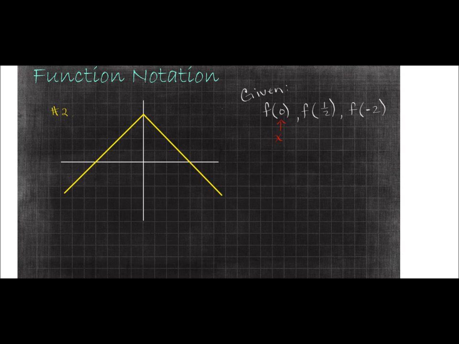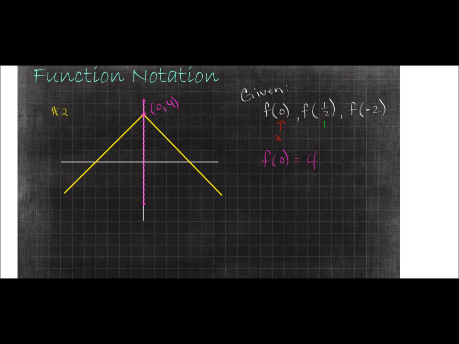So if I go over to this picture of my function and I find where x is 0, you'll notice that it only touches my picture at one spot. That happens at this coordinate 0, 4. So this function hits at x is 0, y is 4, which means that f of 0 is the same thing as the number 4.